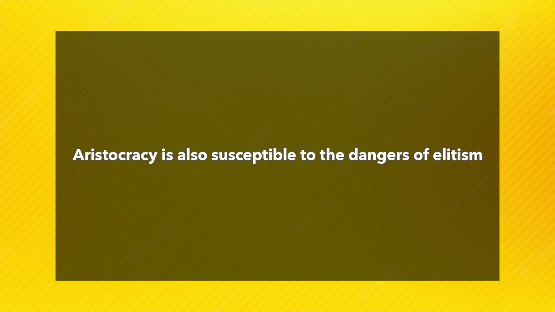Similarly, if oligarchy is stretched to become more oligarchic, there is every chance that it can be governed by an oppressive faction. The over-centralization of power within the monarchy can jeopardize and exclude a wider range of public opinions and be oppressive. Aristocracy is also susceptible to the dangers of elitism.